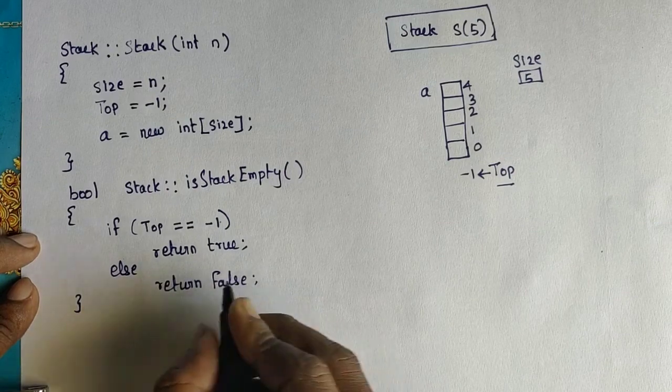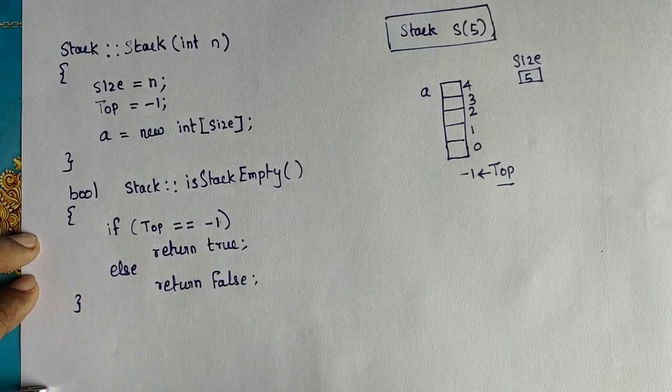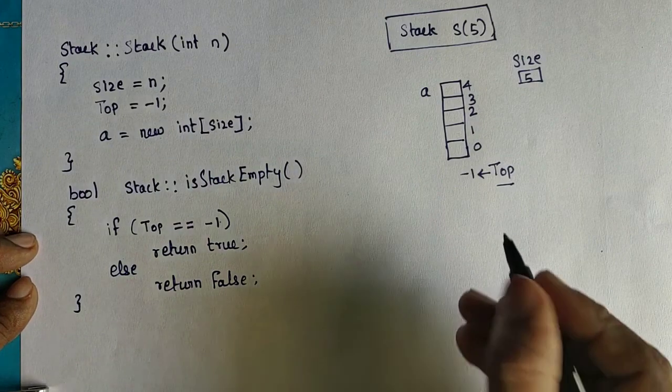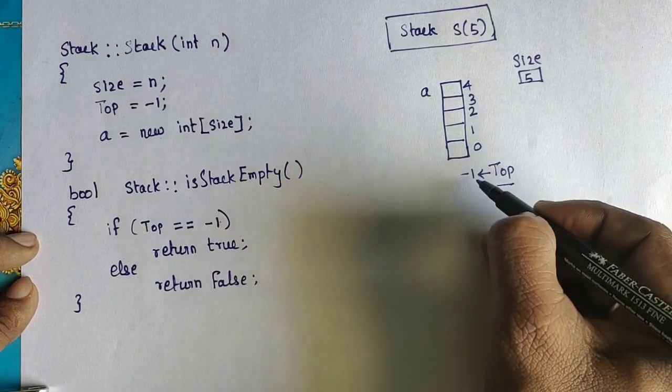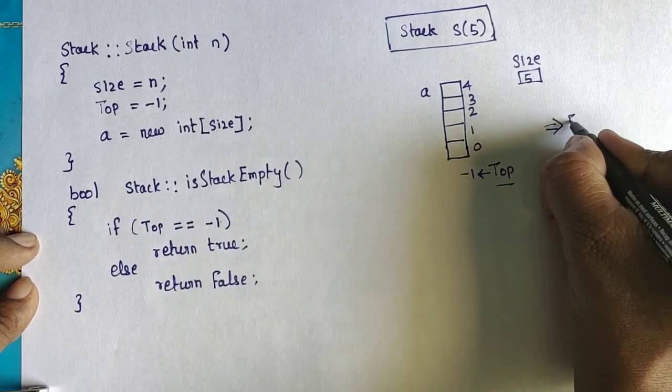So either it is going to return true or false. This is the code for is stack empty. When the top is pointing to -1, that is the empty stack.